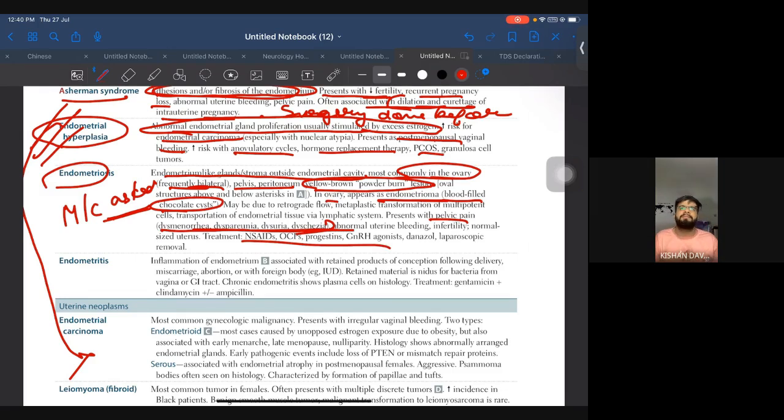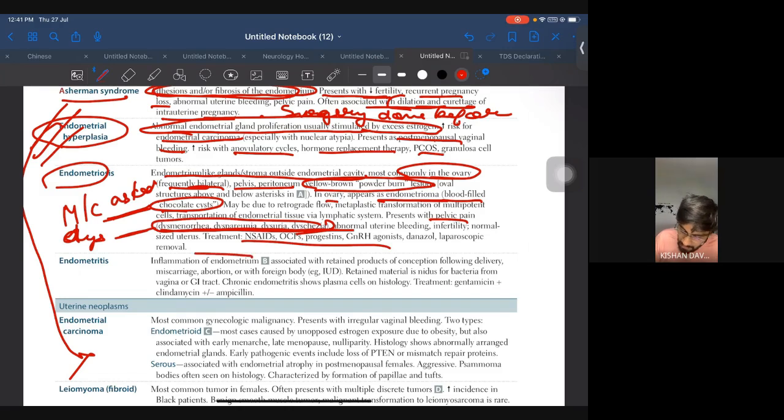Okay, so if they give you endometrial glands seen outside the endometrium, second, chocolate cyst, third, dyspareunia, dyschezia. Dyschezia means pain with defecation. Dyspareunia means pain during sexual intercourse, and dysmenorrhea means painful menstrual cycles. This syndrome should be present. Pain while urination, everything. Okay, so if this is there, endometriosis.